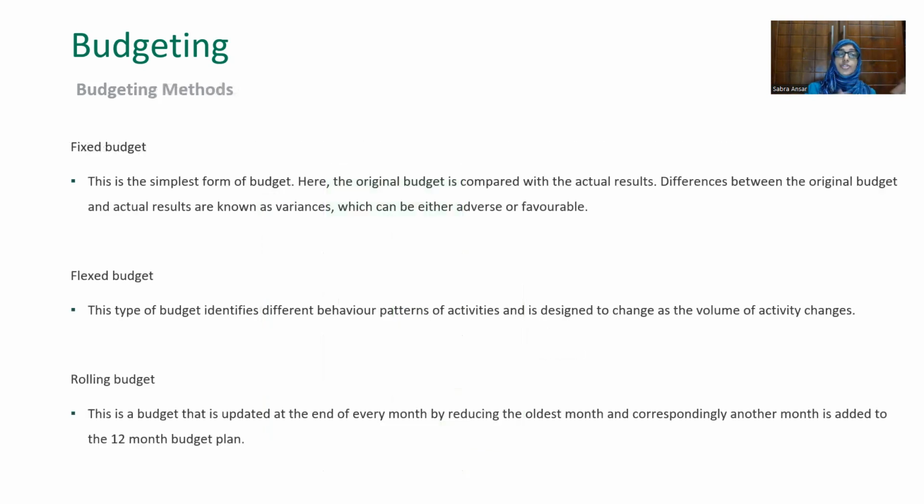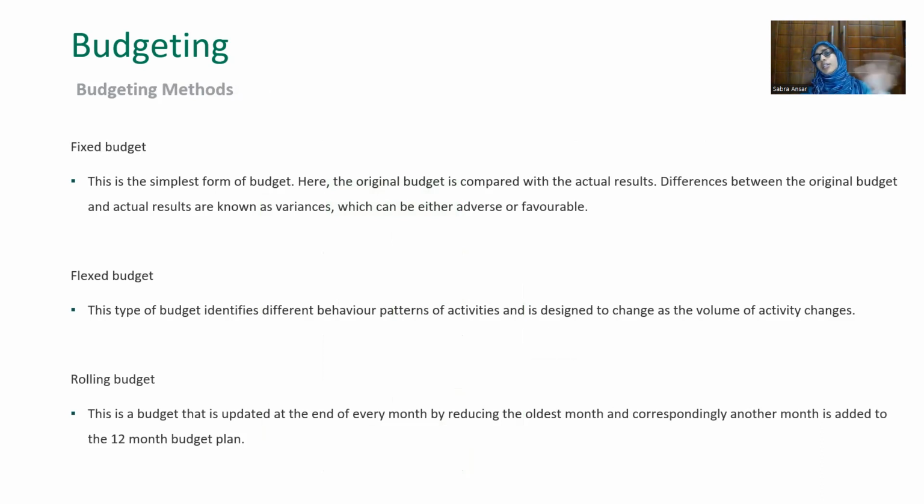Moving on, I'm going to talk about different budgeting methods. One is the fixed budget, the simplest form actually, where there is an original budget which is compared with the actuals.